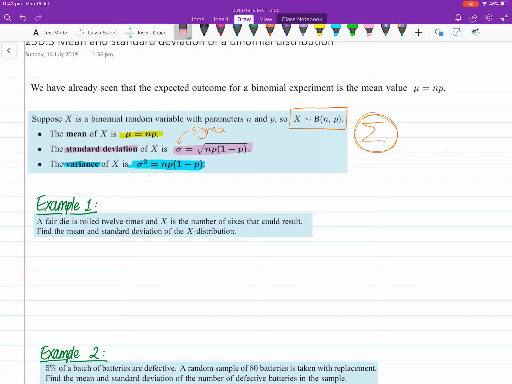So you look at all the scores and work out how far away each score is from the mean, and then that is squared. That is a more effective way of working out standard deviation.